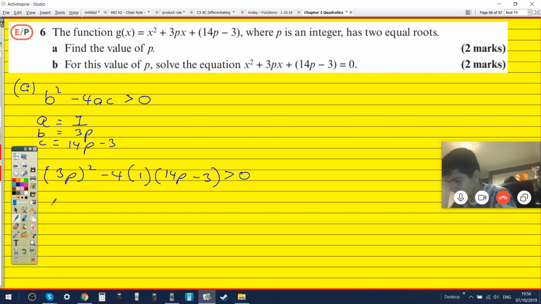Yeah, 9p squared. And then minus 56p plus 12 is greater than 0. And then can I do like a quadratic formula here?